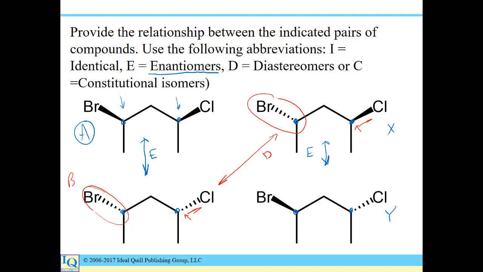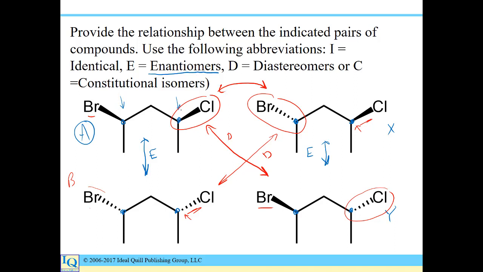And then if we compare A to Y, also those are diastereomers. You've switched one configuration, in this case the chlorine versus this chlorine, but you didn't switch the configuration at the bromine when you compare those two. You can also compare A to X. In that case, you've switched the bromine, but you haven't switched the chlorine.